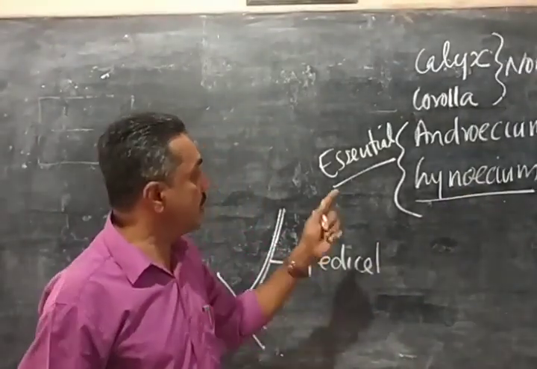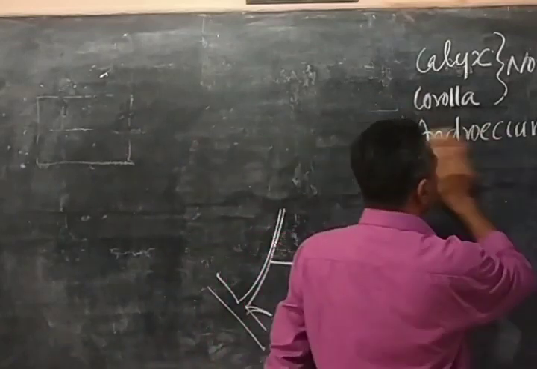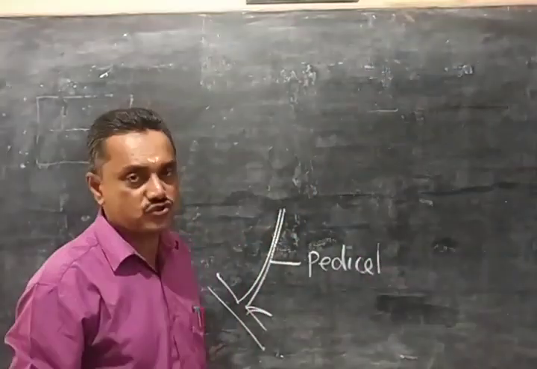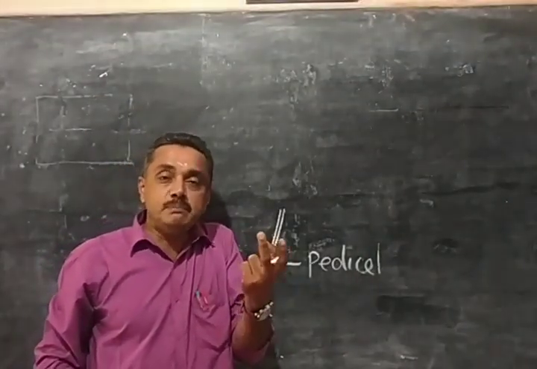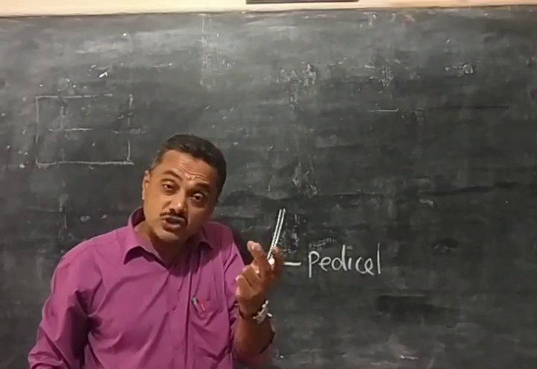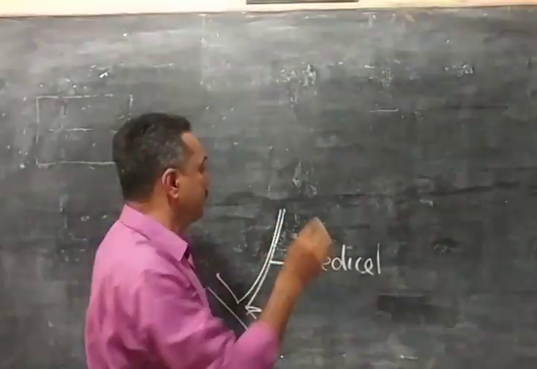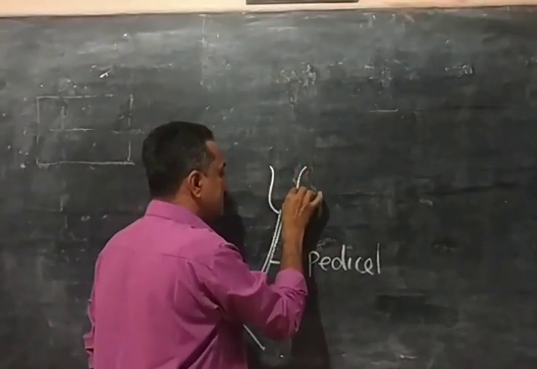See the parts one by one. The outermost part of the flower is called calyx. To take a hibiscus flower, I can explain very simply. In the next class I will show the parts for you. The outermost part of the flower, take the hibiscus flower.